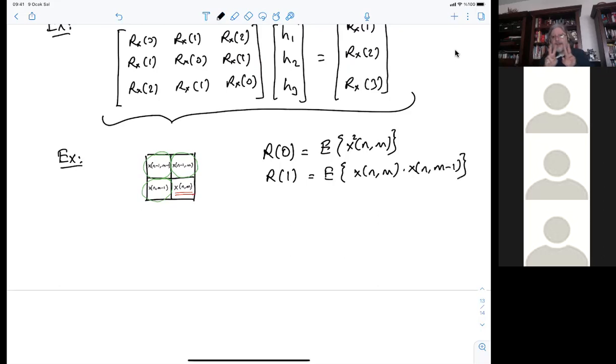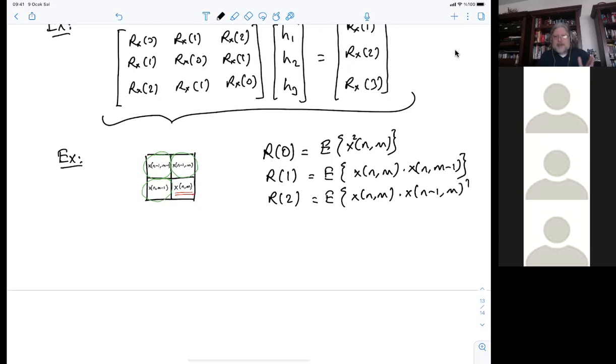So horizontally multiplied versions, expected value is here. I just assigned it to be like this; you don't have to do that. But it's always wise to choose the nearer correlations to have smaller indices like R1, R2, etc. R2, by the way, I will assign to be the vertical correlation, x of n m times x of n minus 1 m.